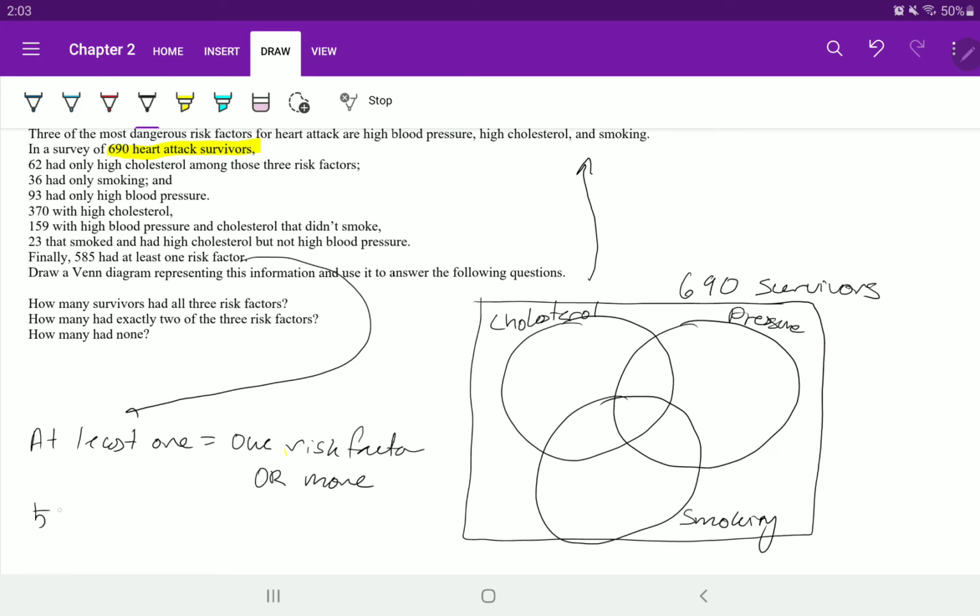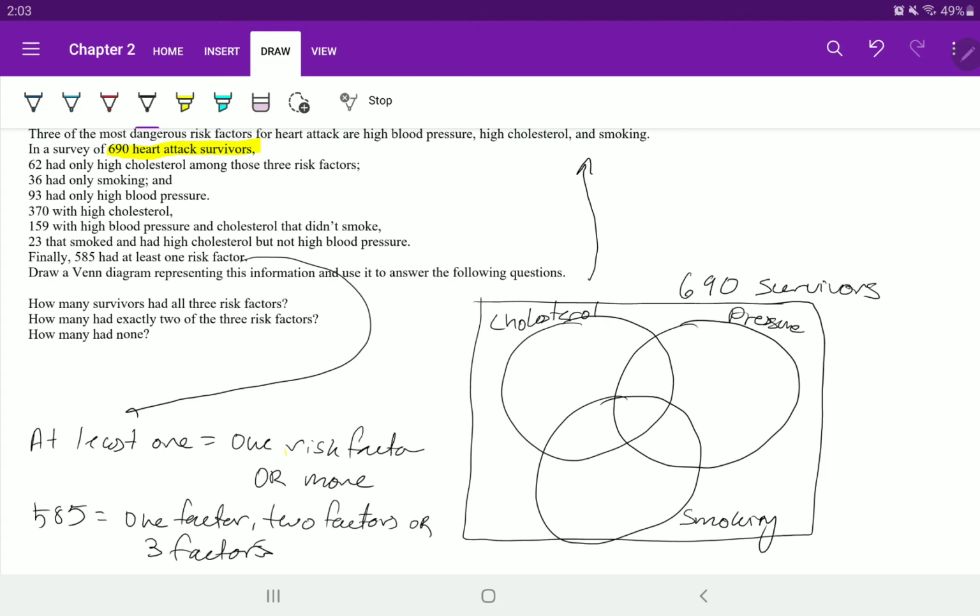So 585 of my respondents can have one factor, two factors, or three factors.